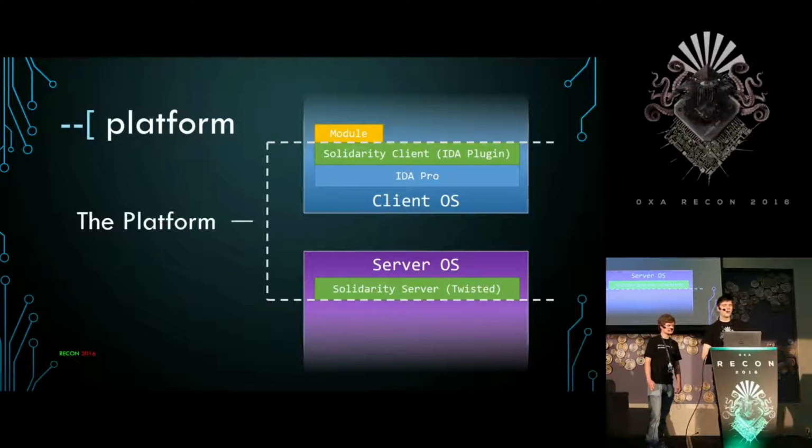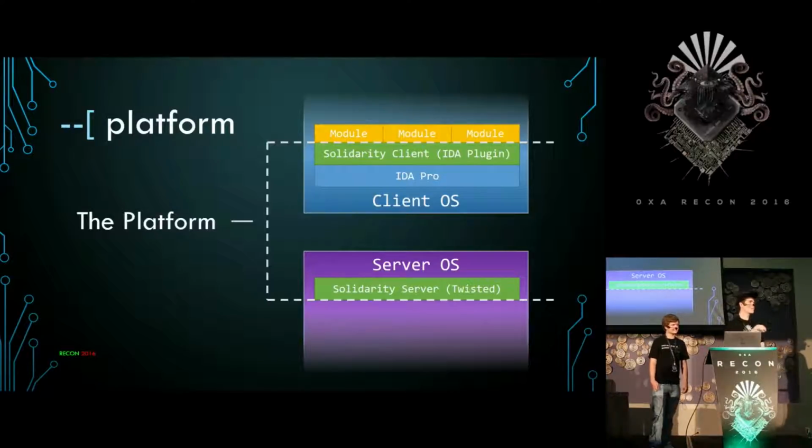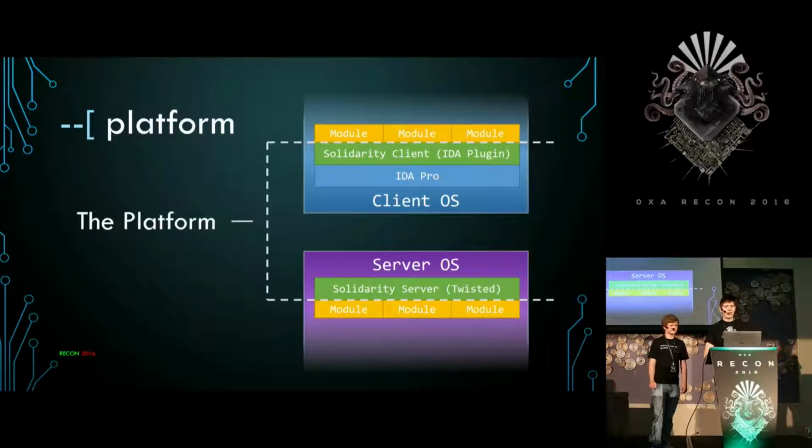But then we build modules on top of the platform. So we actually made an IDA plugin that then has plugins, which is kind of funny. And the server has equivalent plugins on its side. So it's a very interesting modular framework.